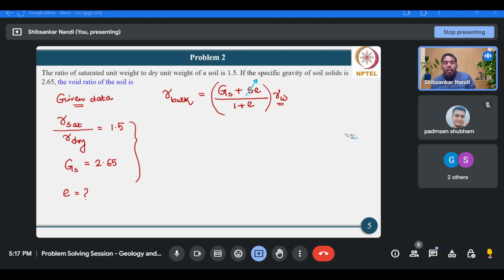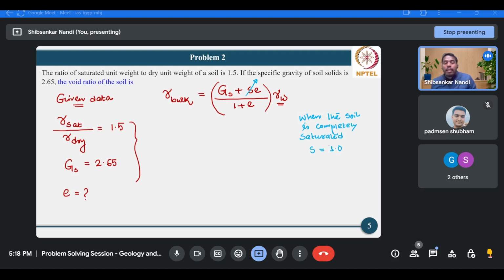So depending on the value of S, when the soil is completely saturated, in that case your S value will be 1.